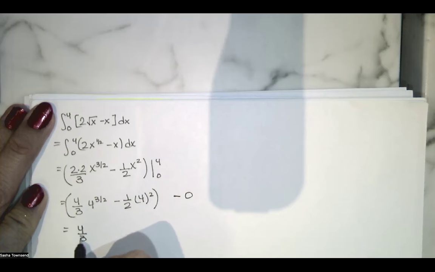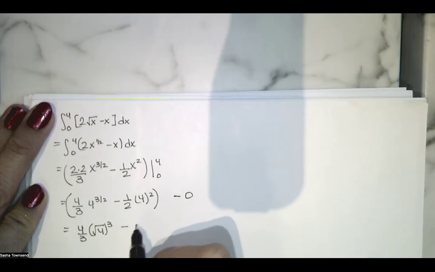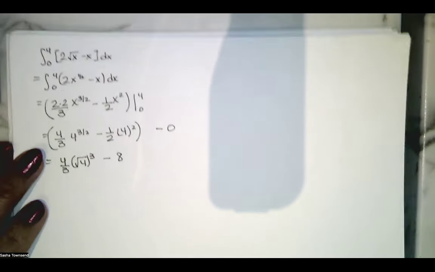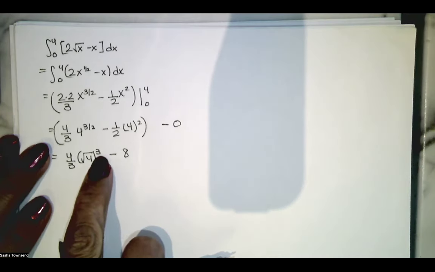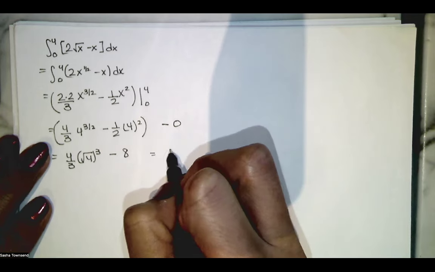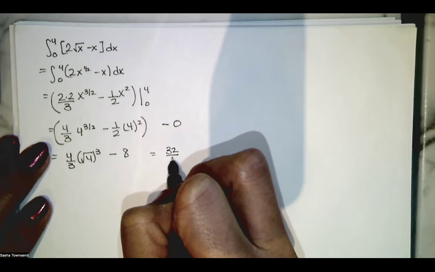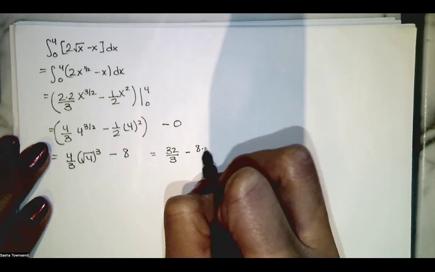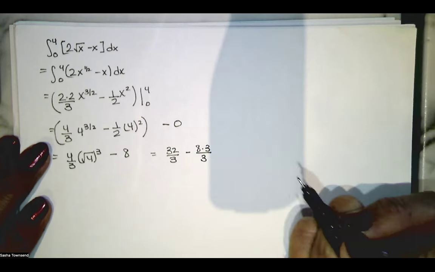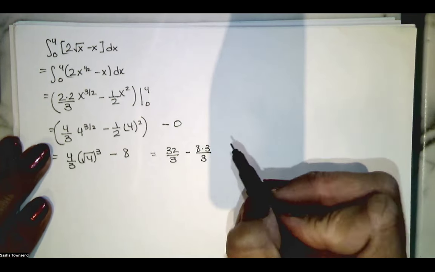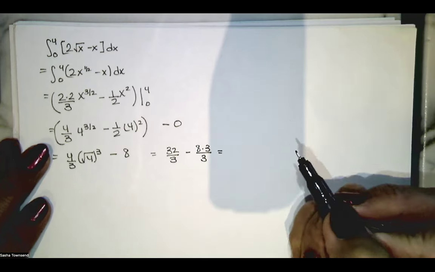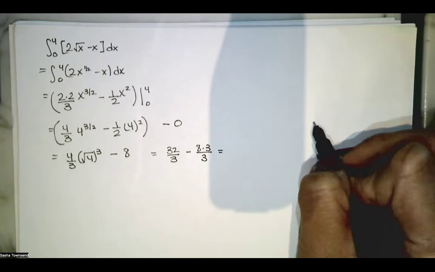So we've got 4/3 times the square root of 4 cubed minus 16 divided by 2, which is 8. This is 2 cubed, which is 8. Times 4 is 32 divided by 3 minus 8, which is 24 divided by 3. 32 minus 24 is, what is that? 32 minus 24.